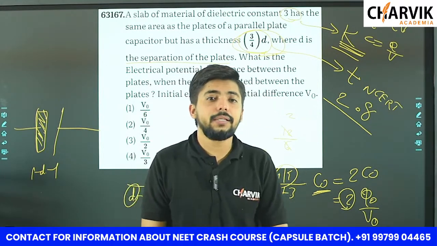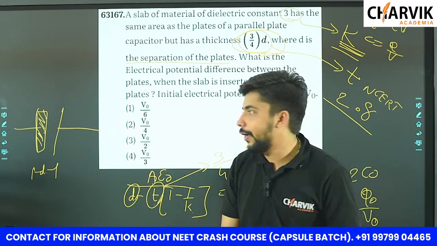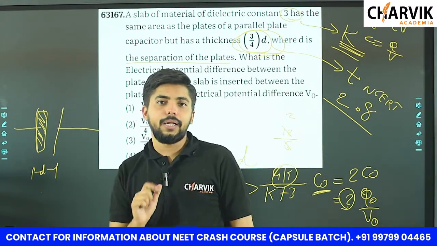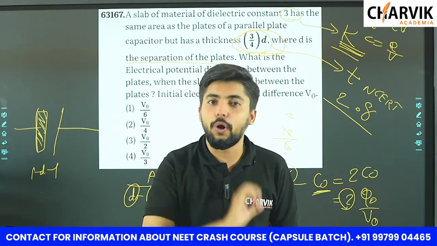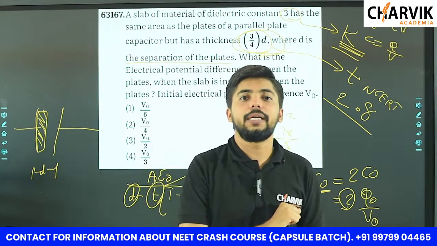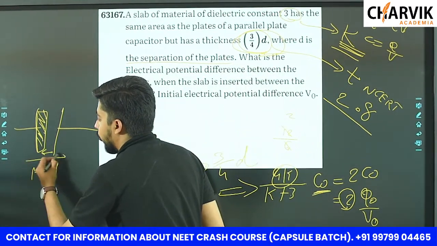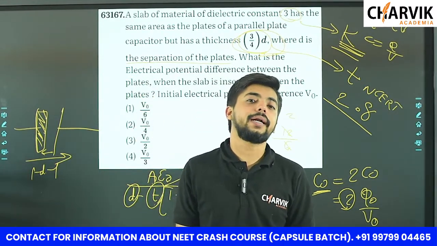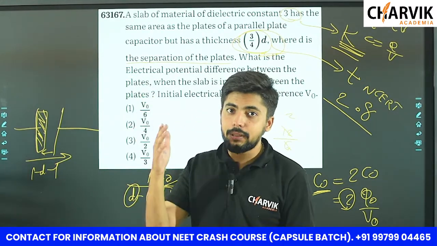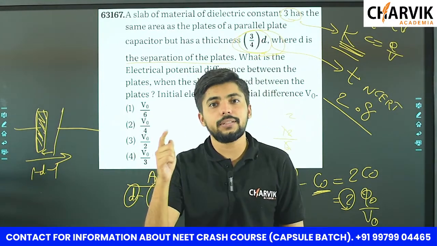But they are asking in the question that you need to find the change in the potential. So let me tell you friends, when you add the dielectric material, there will be a change in the potential only. The charge on the plates of the capacitor will not decrease or increase, but there will be another electric field in the opposite direction to the original electric field, and due to that the original electric field will decrease, and due to the decrease in the electric field the potential will also decrease.